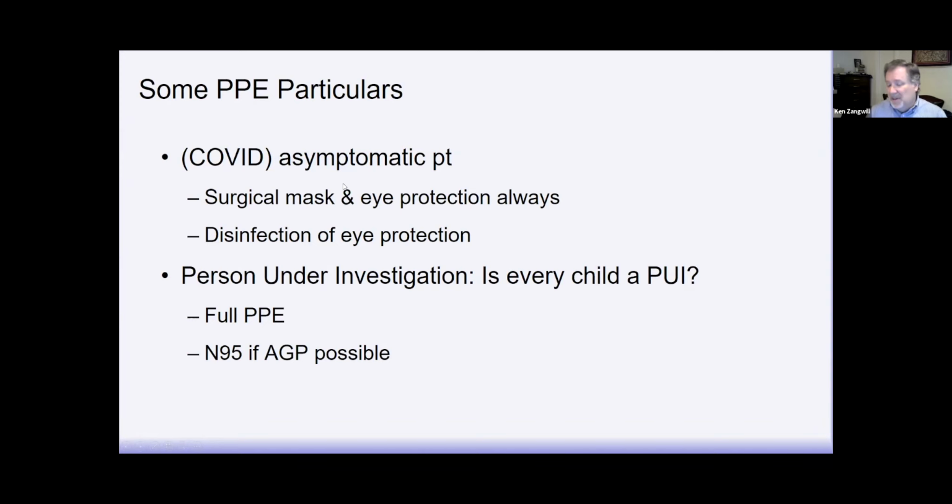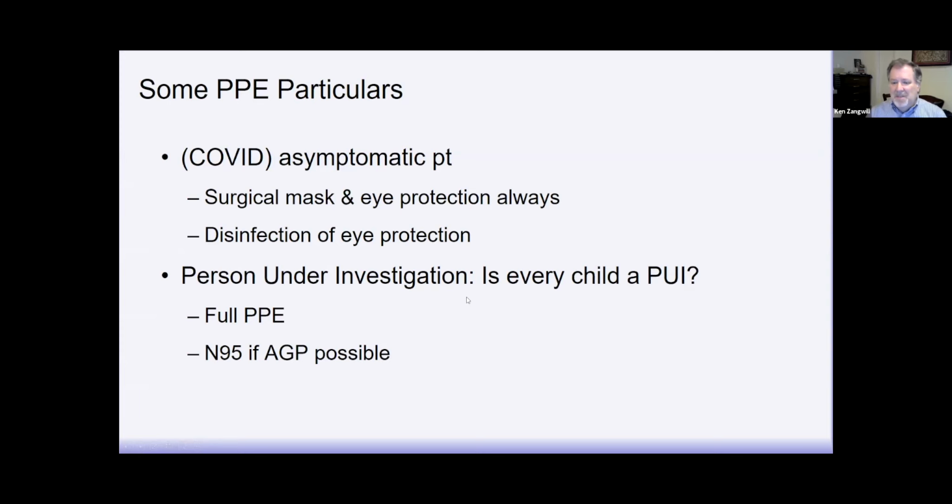I can tell you what we do and what the general recommendation is, and that is a surgical mask and eye protection. Because as everyone in the room knows, there may be asymptomatic carriage of the virus itself. And depending on the study you read, that accounts for 35 to 40 or 50% of the overt transmission in the adults, maybe in children. So this, of course, is a preemptive measure. And then we certainly allow for disinfection of eye protection because face shields and goggles are expensive. So this is sort of the routine for the regular patient.